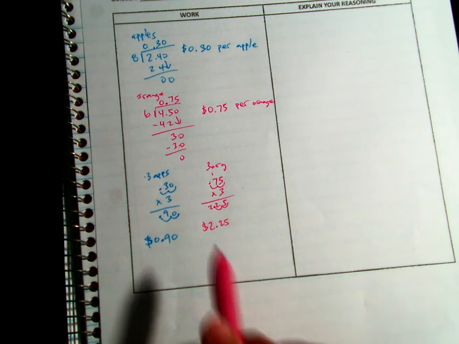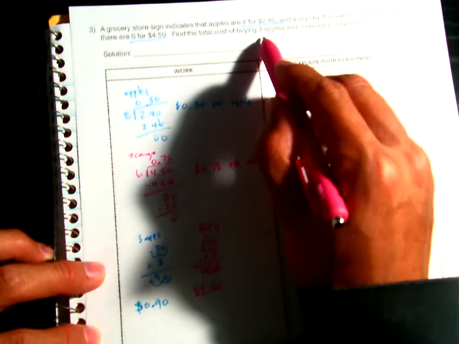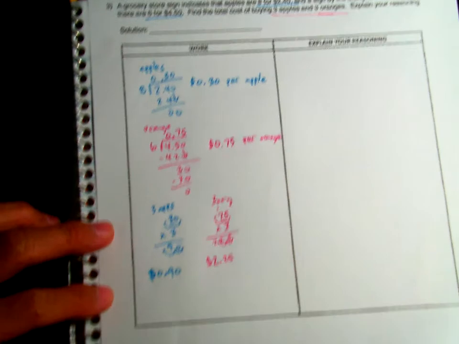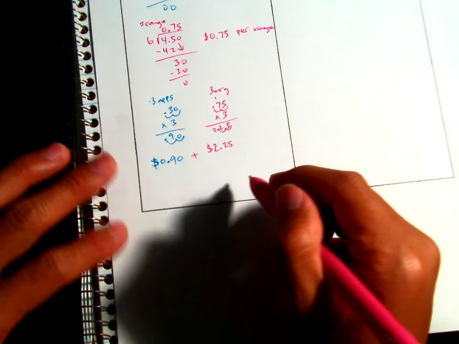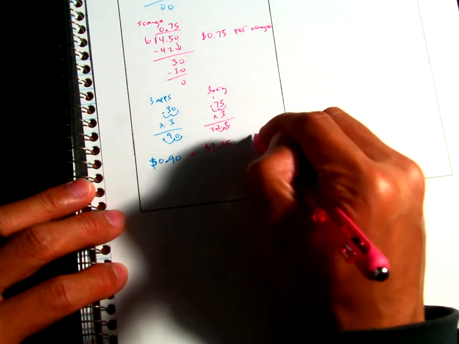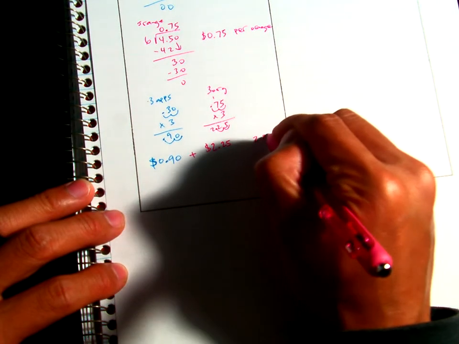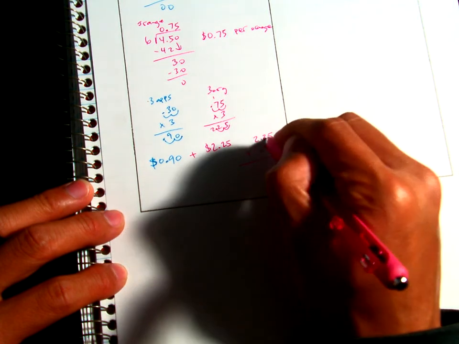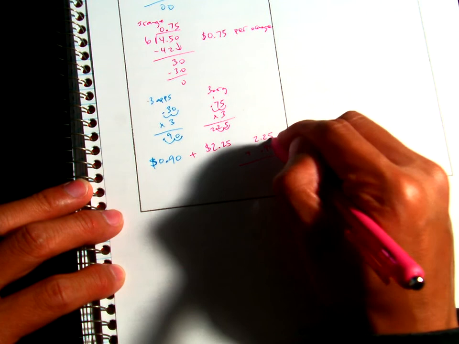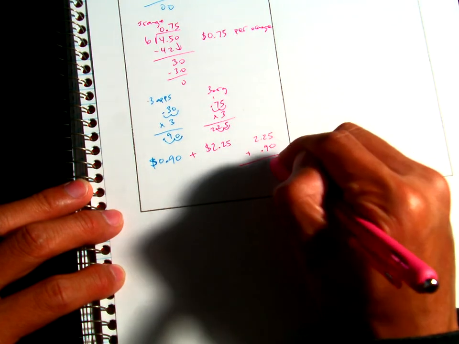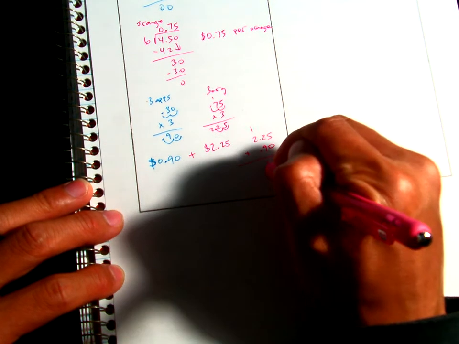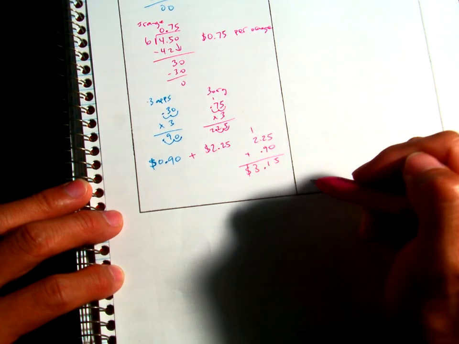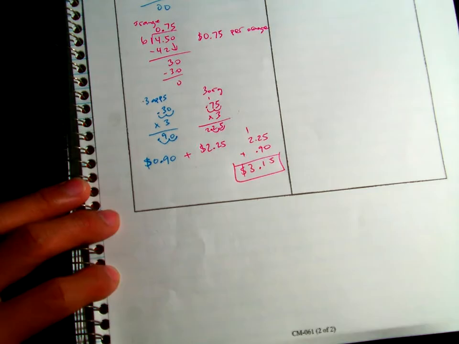Now we know the cost of 3 apples and 3 oranges, and they were asking us for the total cost, so we just add those 2 numbers up. 2.25 plus 0.90. Remember, when you add, you have to line up the decimals. 5 plus 0 is 5. 2 plus 9 is 11. Bring down the decimal. 1 plus 2 is 3. So $3.15 looks like the cost of the 3 apples and 3 oranges.